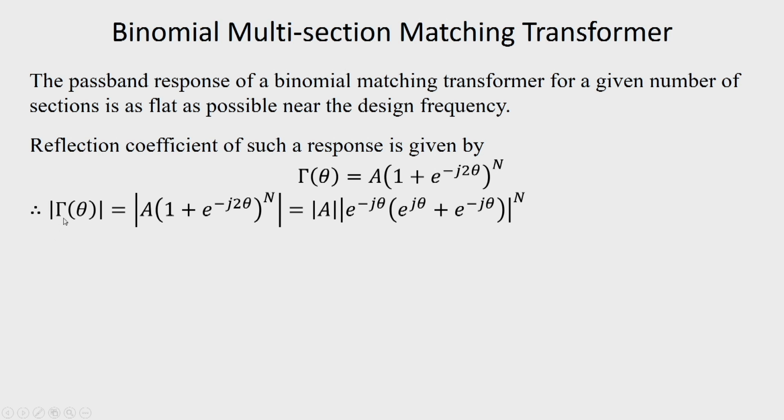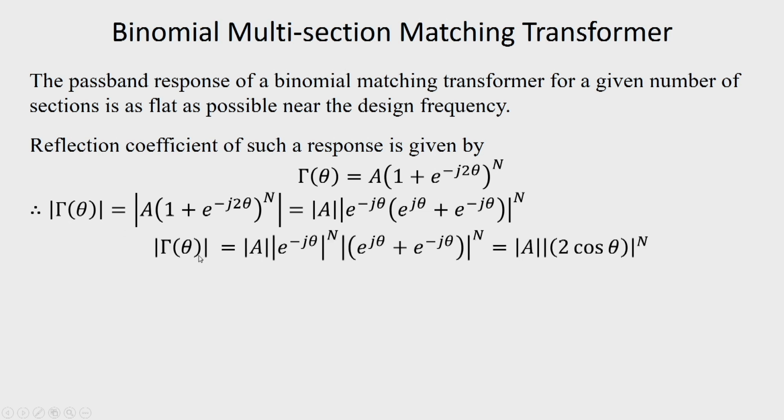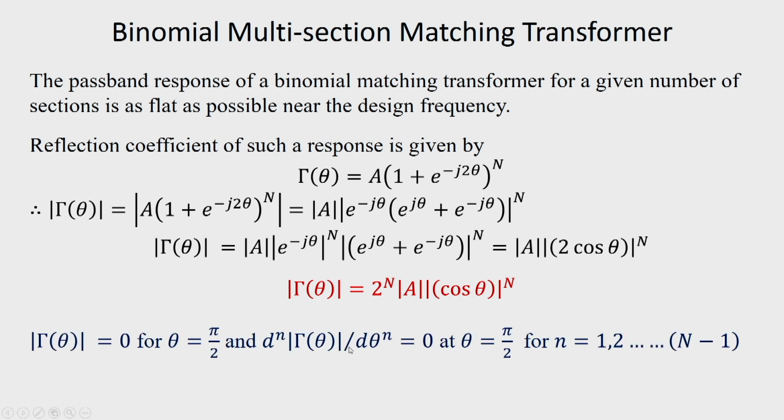So, if we write modulus of gamma theta, then it is modulus of A times 2 cos theta raised to the power N, and this can be written as modulus of gamma theta is equal to 2 to the power N modulus of A modulus of cos theta raised to the power N.